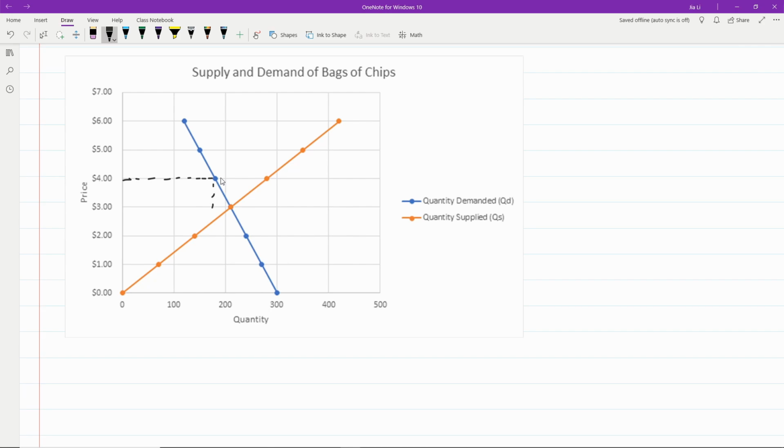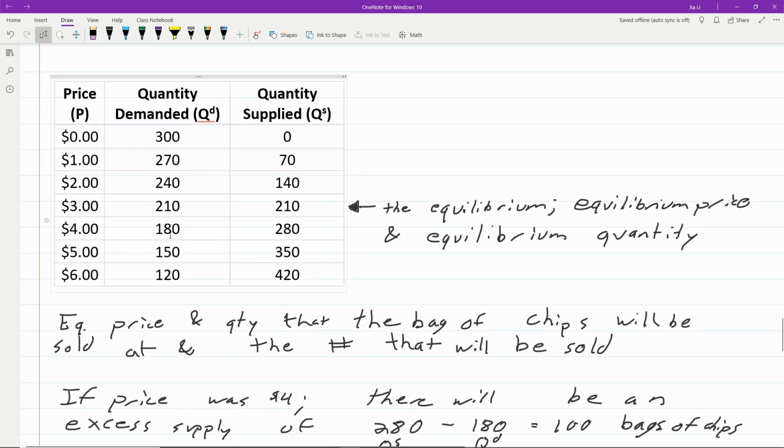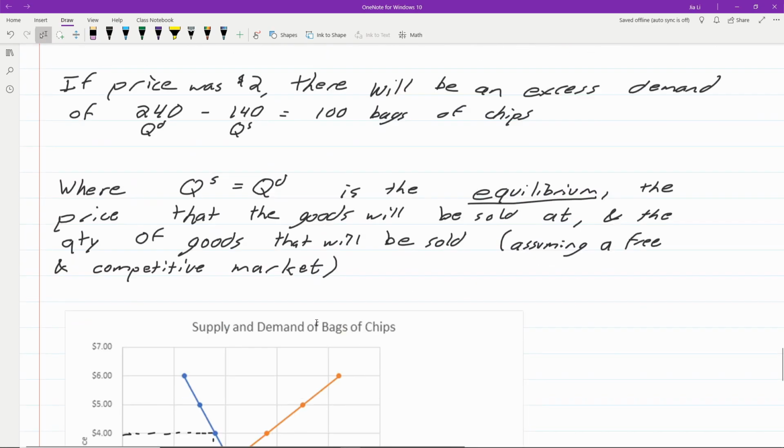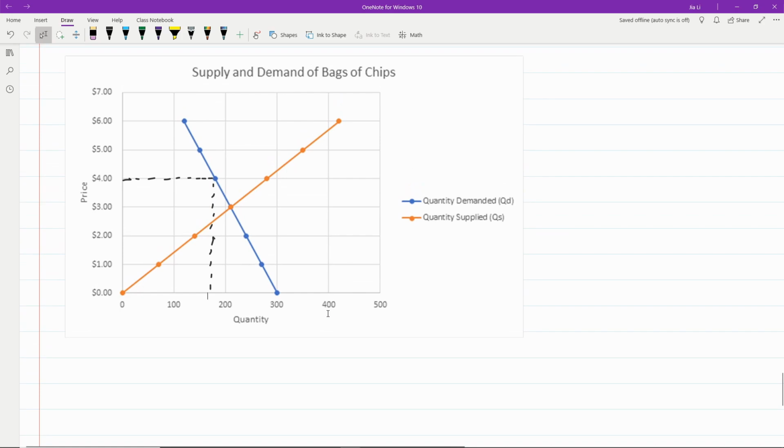Let's draw a dashed line down here. It's not labeled, but as we know from our table, at the price of $4 the quantity demanded is 180. I'll mark that here. And keep going across until we hit the supply curve from the price of $4. We know that this is a quantity supplied of 280.